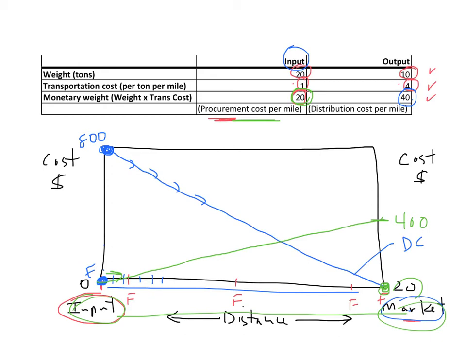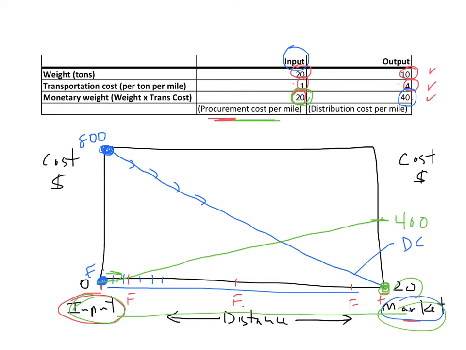Of course, a firm isn't really interested in either the procurement cost or the distribution cost on its own. They're interested in the sum of the procurement and the distribution cost.